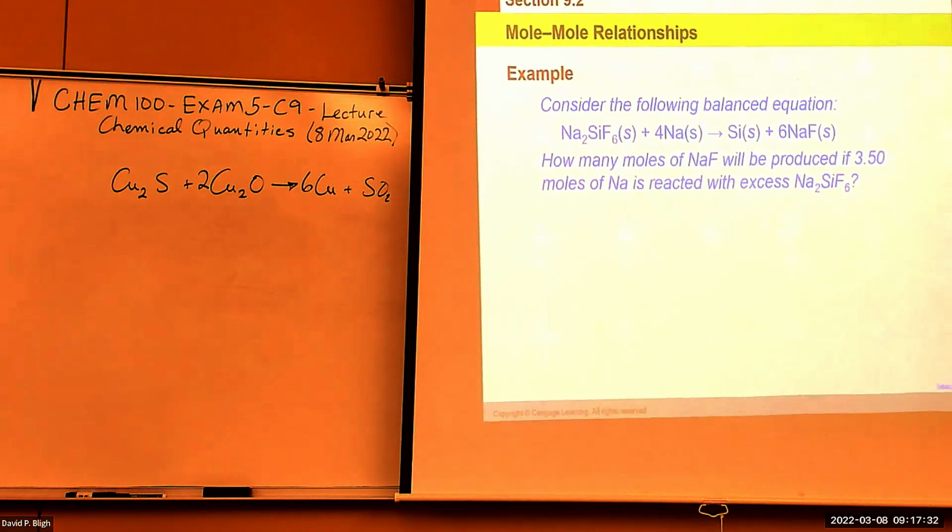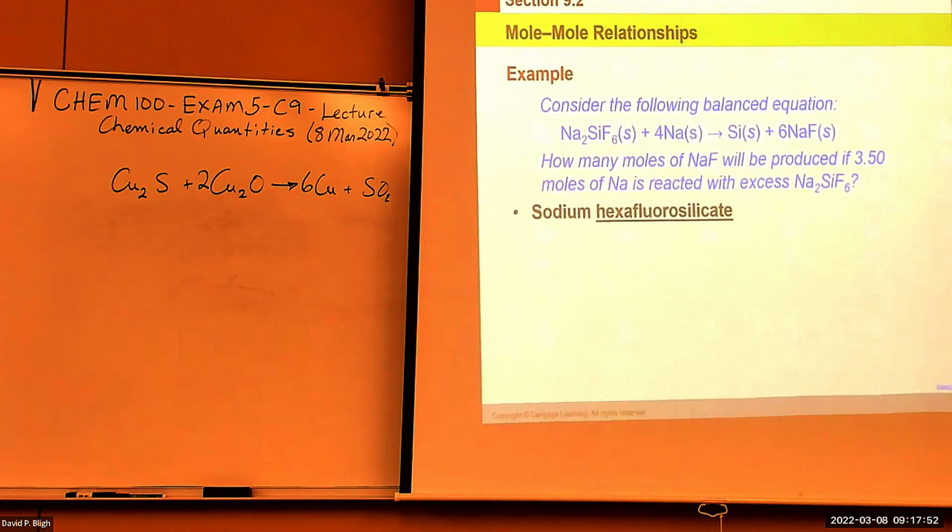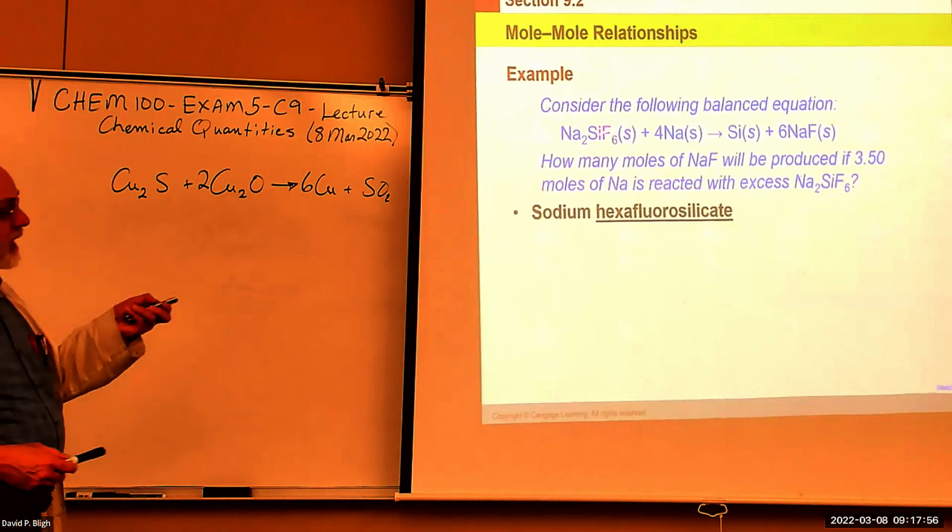Okay, so here we have another example. Sodium silicon fluoride. Actually, sodium hexafluorosilicate is the proper name for that. I thought I put it up there. Maybe I did. Yeah, there it is. Sodium hexafluorosilicate is that first compound.